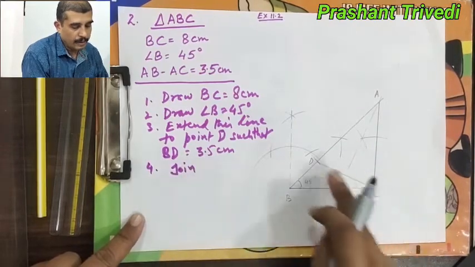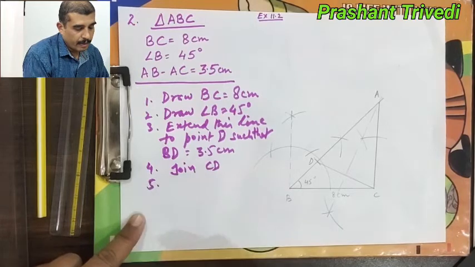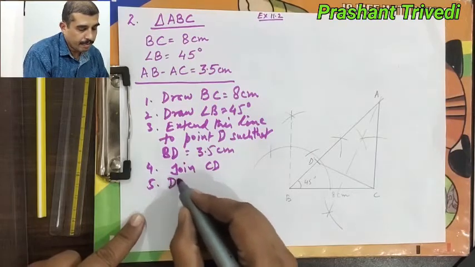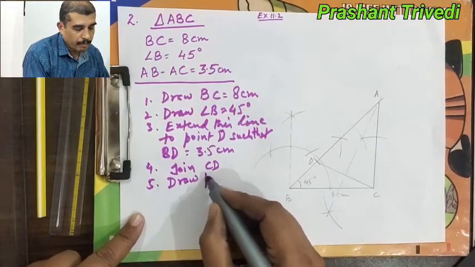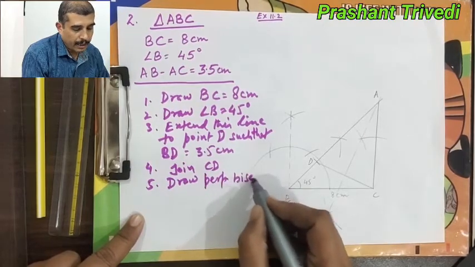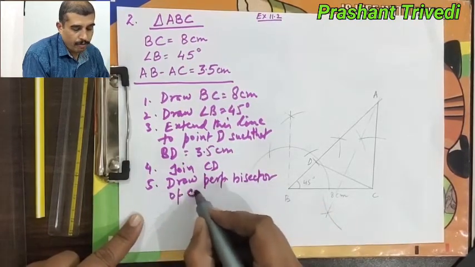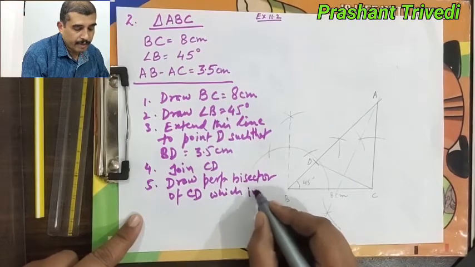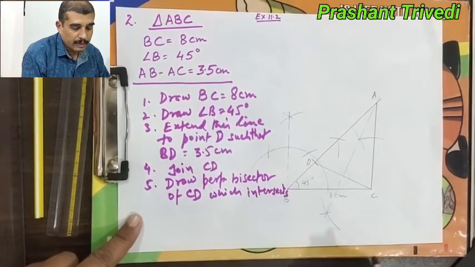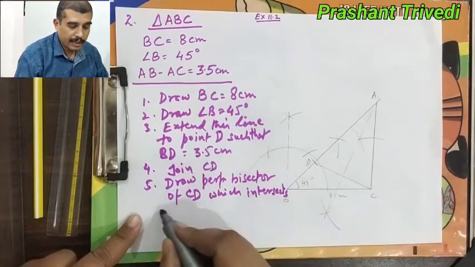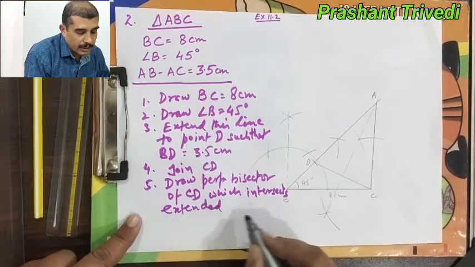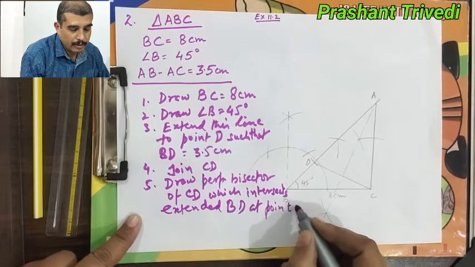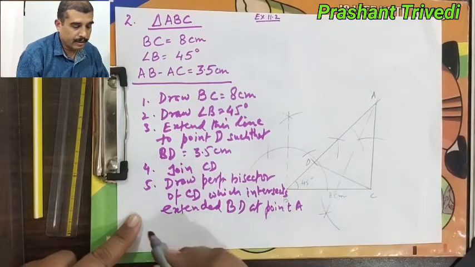Fourth, join CD. Fifth, we make the perpendicular bisector of CD, which intersects the extended BD at point A. Yes.